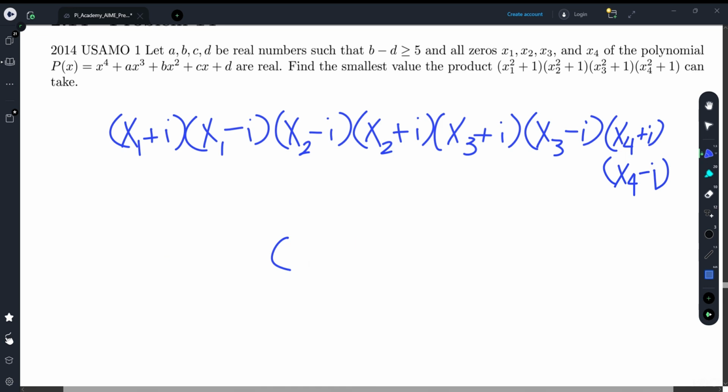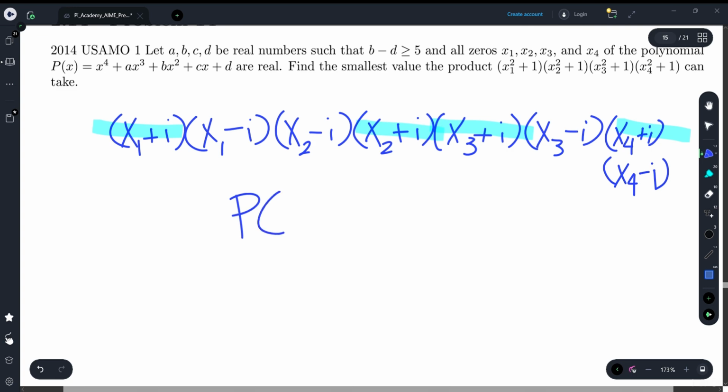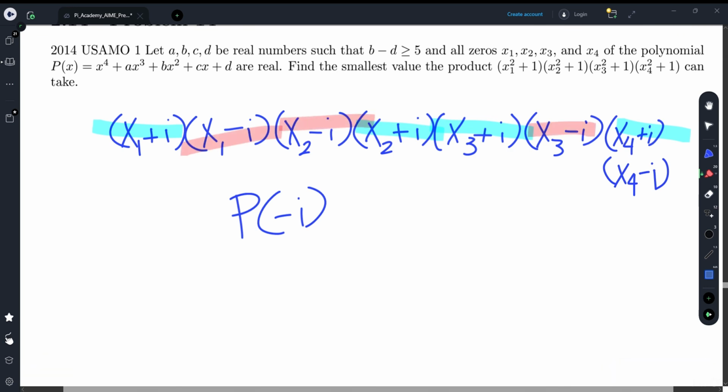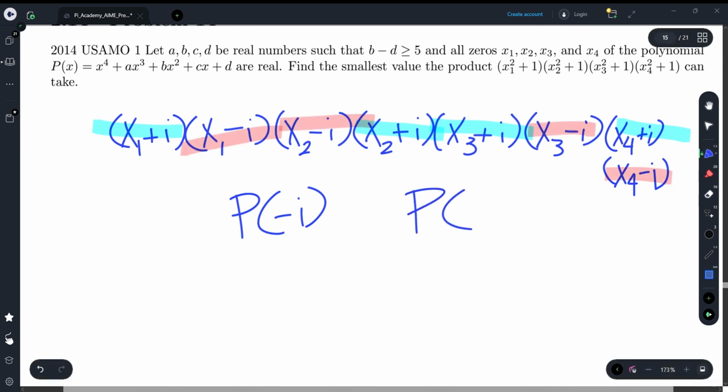So what we can say is that these highlighted ones, namely these four, are just p of negative i, and these highlighted ones are p of i. So now this is just p of negative i times p of i.